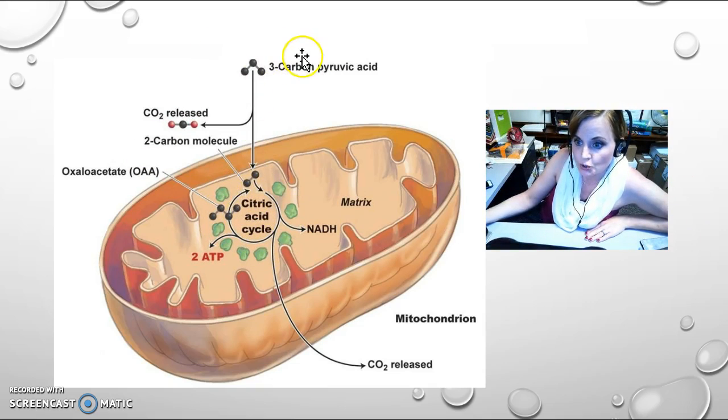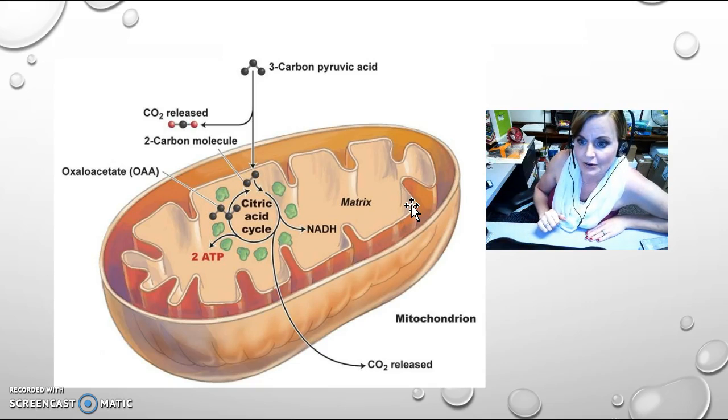Those 2 pyruvate molecules enter what's called the citric acid cycle, aka the Krebs cycle. So you're going to see both of those. And this happens within the matrix of the mitochondria.